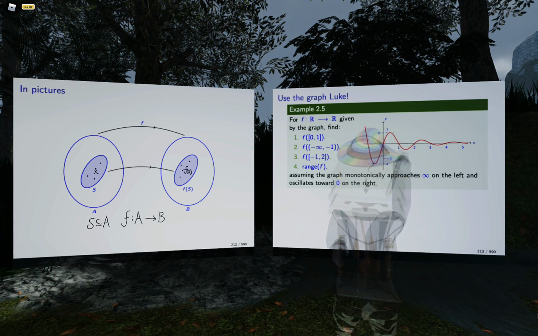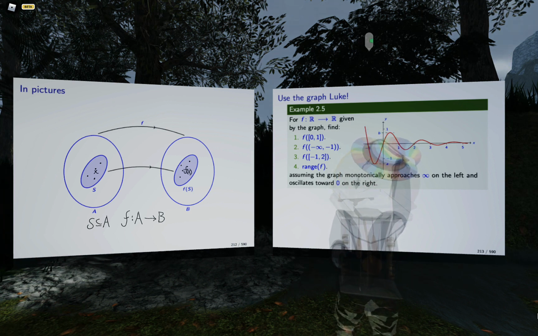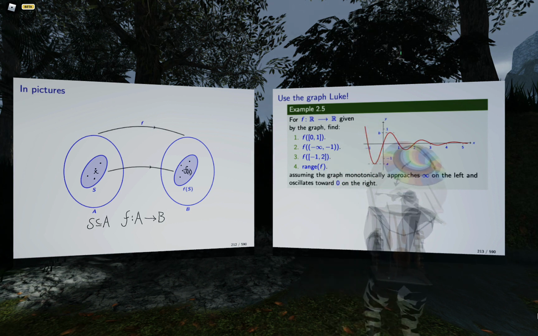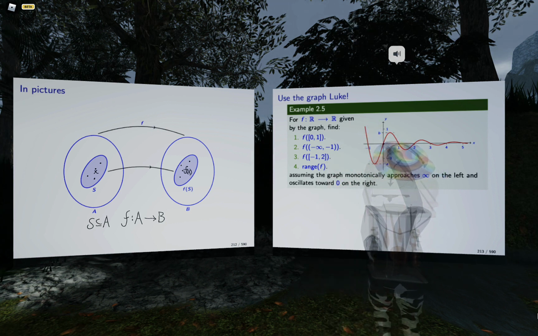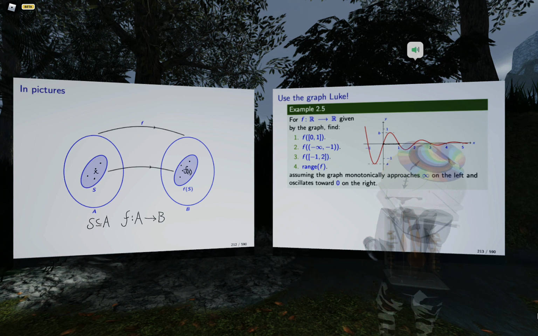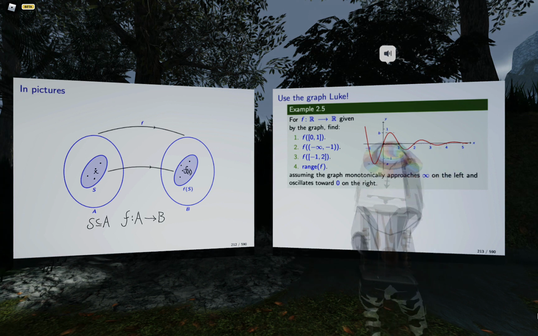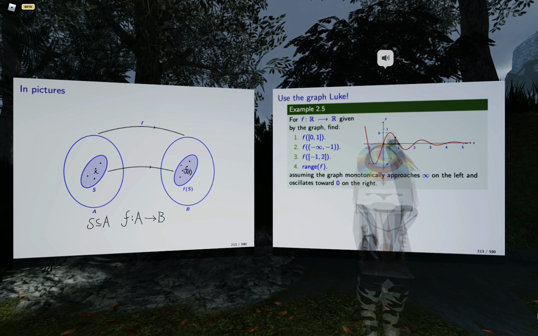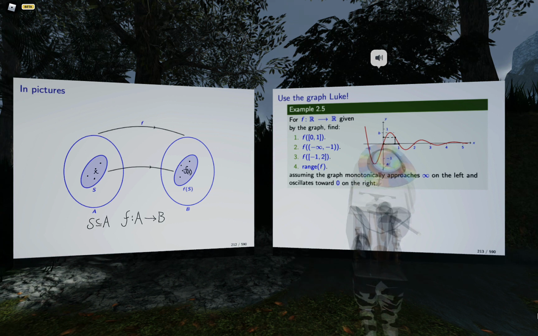Okay, there's our graph. Let's find the image of [0, 1]. Well, what does that mean? That means that I take from here to here, inclusive, and I think about feeding all those inputs into my function. Well, in terms of the graph, feeding an input means take that element and go up to where you hit the graph and take the corresponding element of B, right?